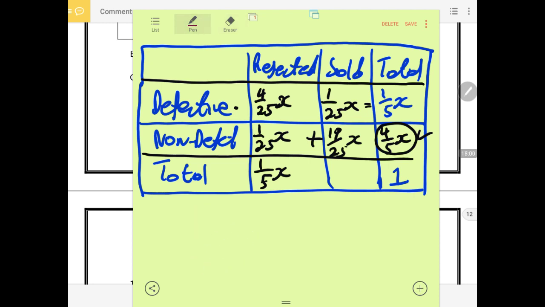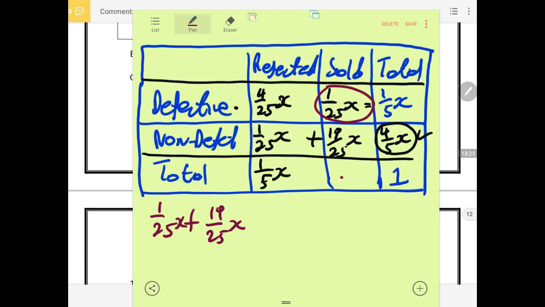Now what are we looking for? We have to look for this one. How do we do it? You can say 1 minus, that won't be a problem, but I don't want 1. We can say 1 over 25, meaning this cell, those that are sold and defective, plus 19 over 25. We can put the x there to indicate the number.